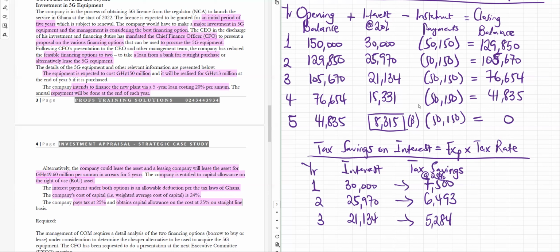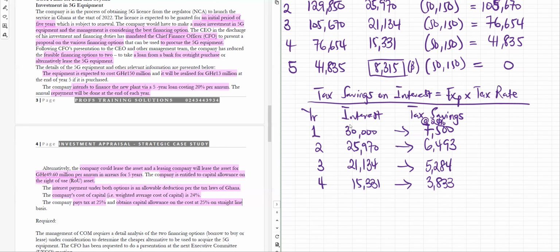We go to the next year, 15,331. We save tax at 25% again, and that gives us 3,833.